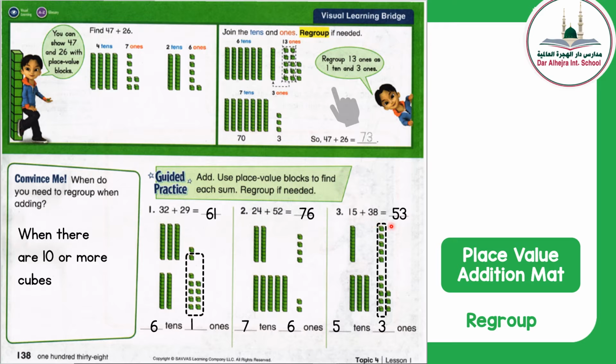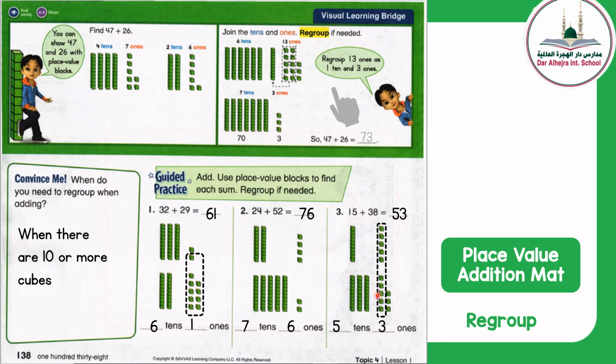Let's consider another example. 15 plus 38. 15 can be shown with the help of a 10 bar and 5 ones, and 38 can be shown with the help of 3 bars and 8 ones. Now again, look at the ones place here, 5 and 8. 5 and 8 together make 13, as we can see from the cubes also.